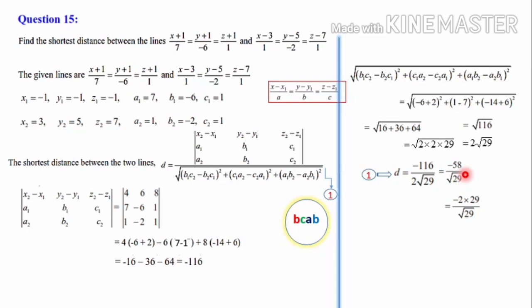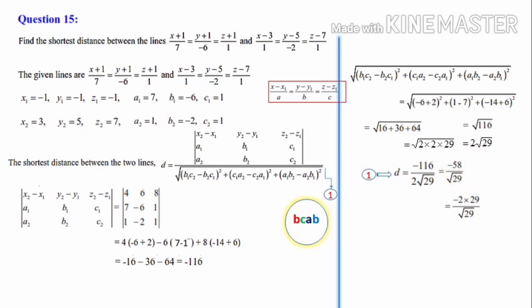Then the denominator, if you check, is in irrational number format, so just rationalize it. Or else you can simply do it like this. 58 we can split it. 58 when you split, you will get 2 into 29. Two ways we can do it. First one, either you rationalize the denominator. Here it is root 29, just multiply root 29 in numerator and denominator.